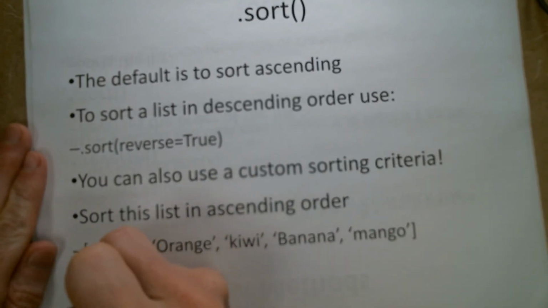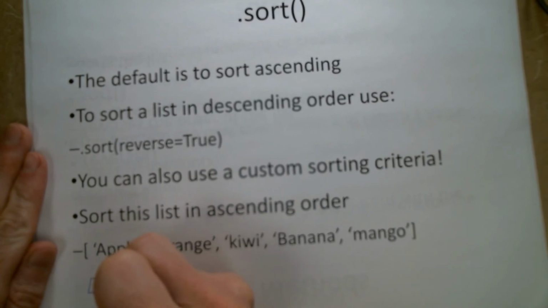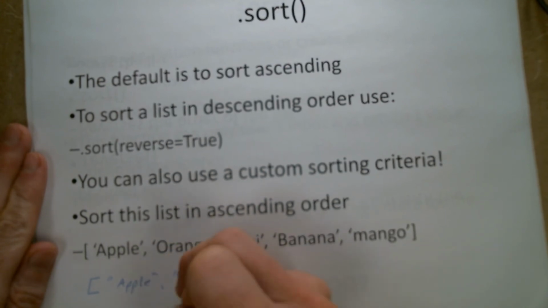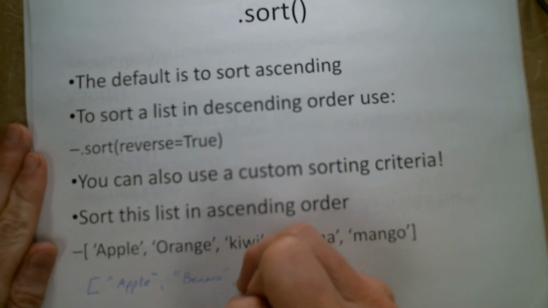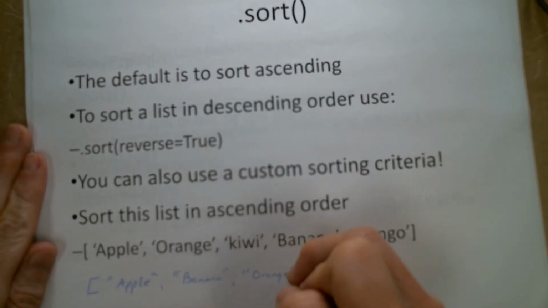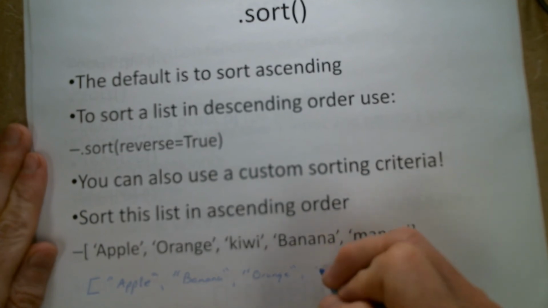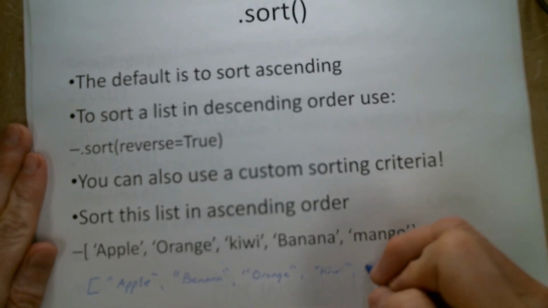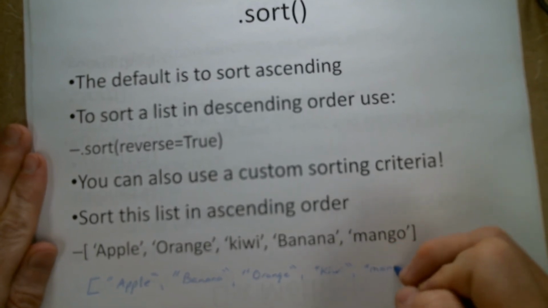It will go apple, then it will go banana, then it will go orange, then it will go kiwi, then it will go mango.